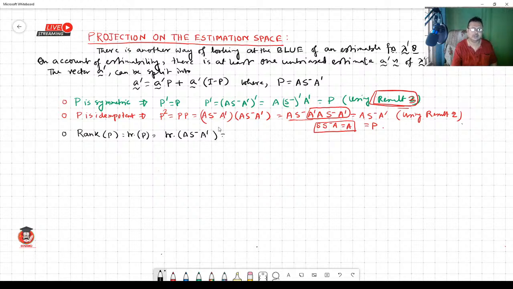So use trace of AB equal to trace of BA. So this is equal to trace of H, and we know trace of H is equal to R.